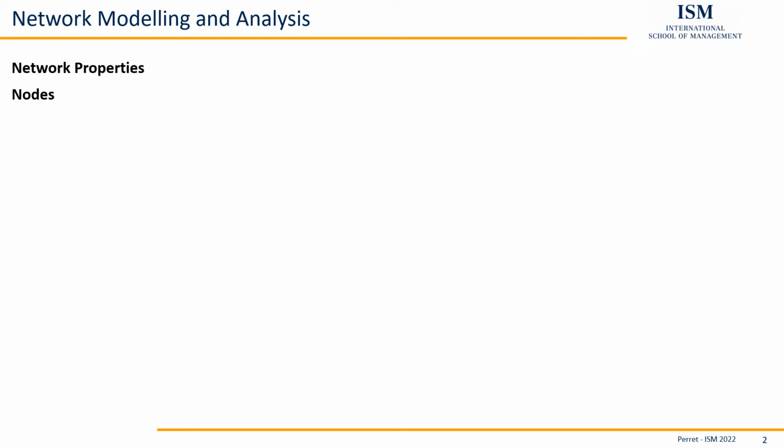So if we first consider our nodes, we can have, for example, the nodes representing individuals, could be groups of individuals, could also be ideas, concepts. So the idea what our nodes are is very broad.